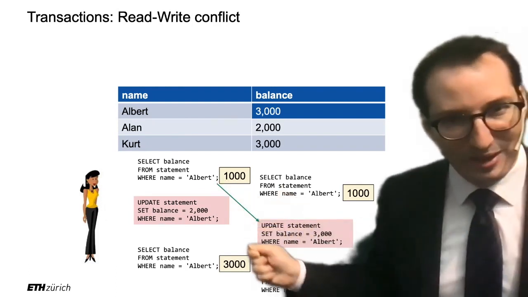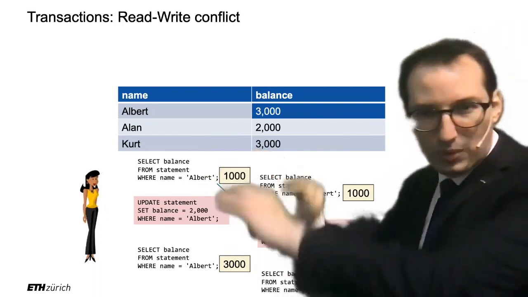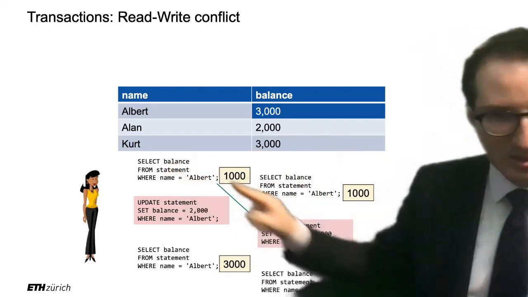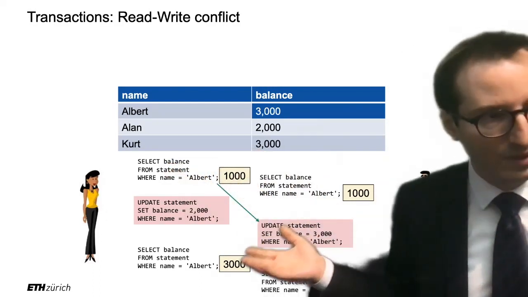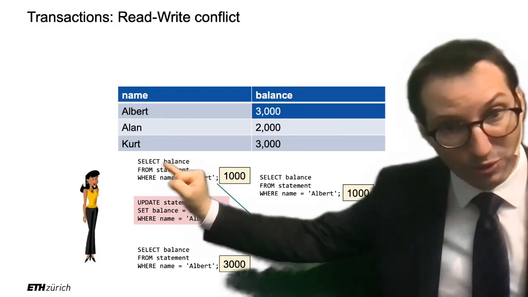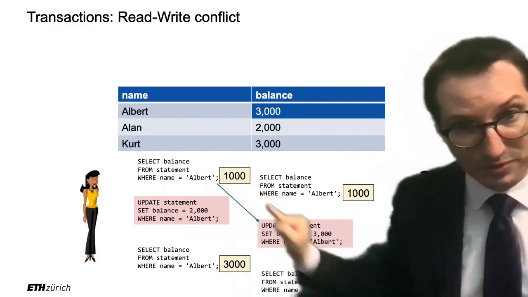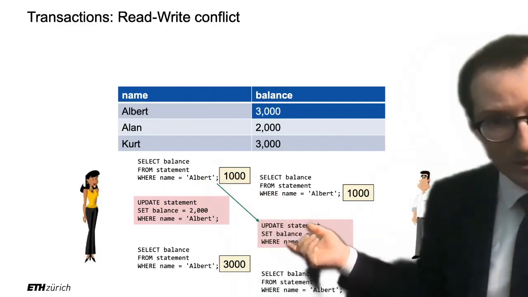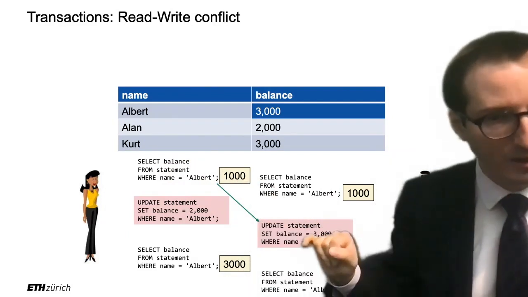I'm saying it's a conflict because if you swap the order in which these two things happen, it's going to change the results. Because if you first look at the balance and you see 1,000 and then write 3,000, the result here is 1,000.